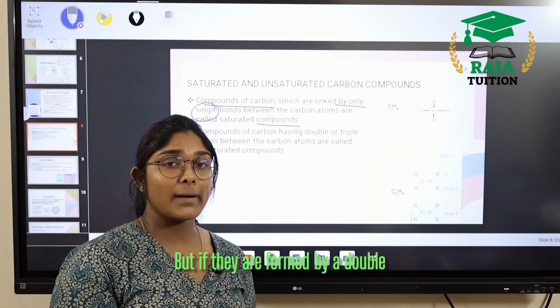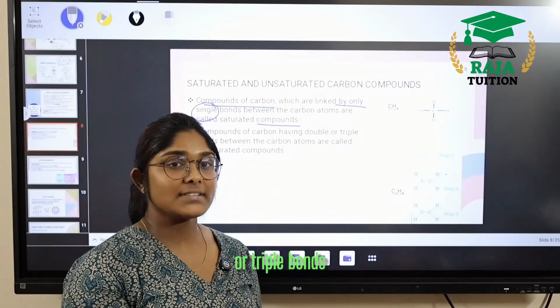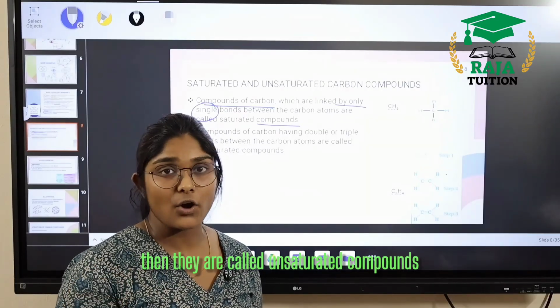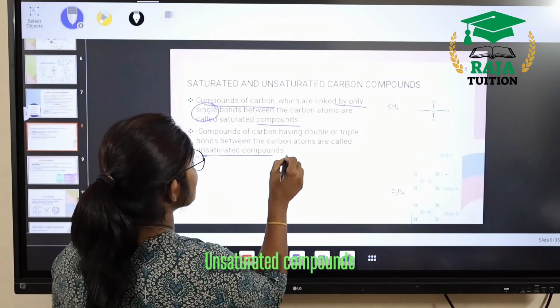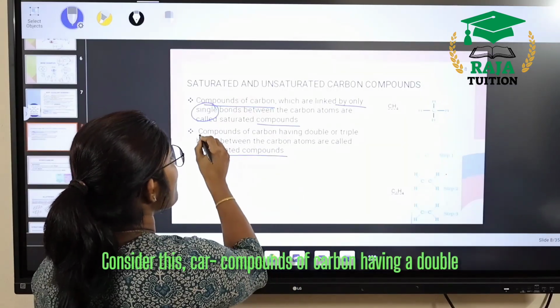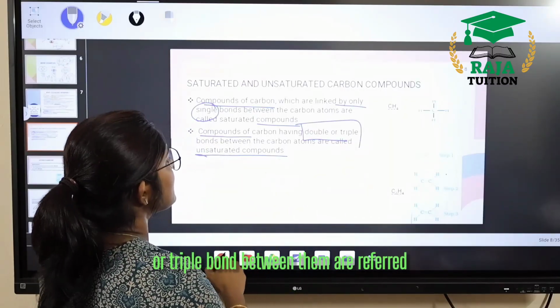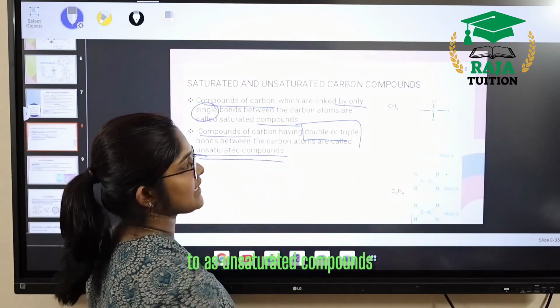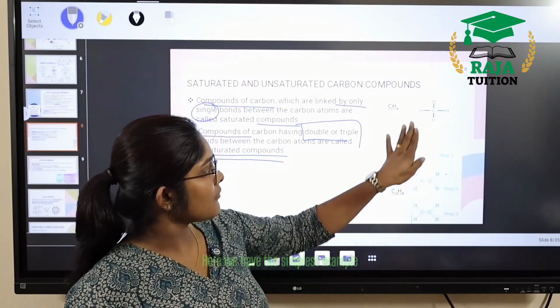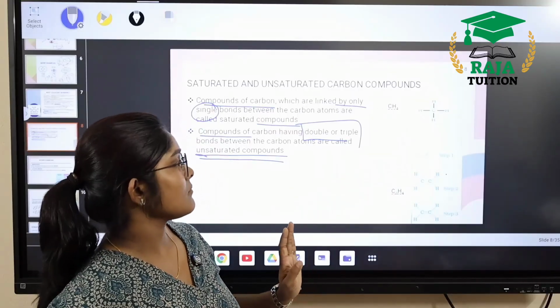But if they are formed by double or triple bonds, then they are called unsaturated compounds. Compounds of carbon having a double or triple bond between them are referred to as unsaturated compounds.